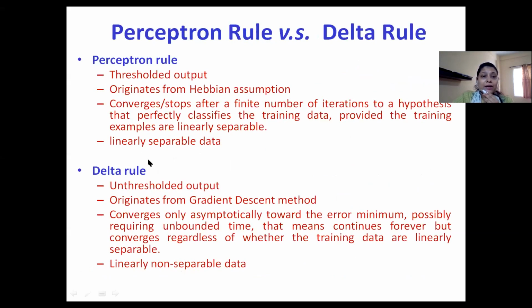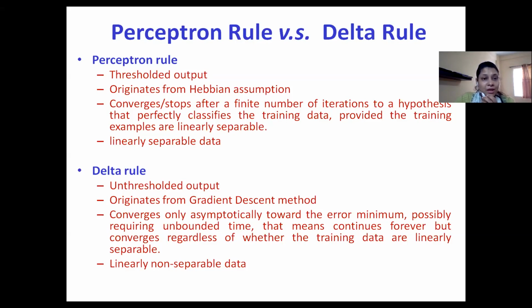So here, if you cover now the perceptron, and the delta rule, that means the Adaline network, one very popular question usually coming in the semester, in the Viva, is what is the difference, or how can you differ the perceptron rule from delta rule?